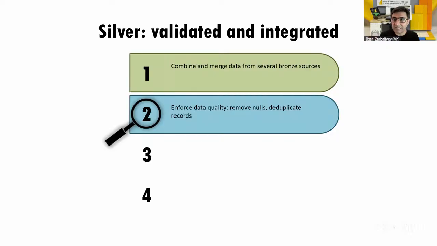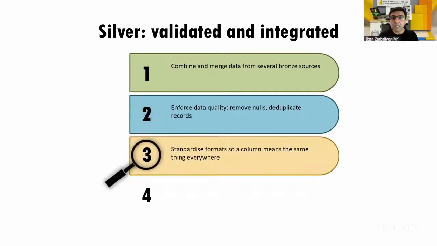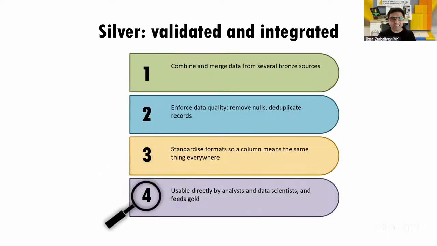Remove nulls, deduplicate records, drop rows that are missing a key you need. Third, you standardize formats: dates stored as real dates, regions in consistent casing, currencies in one convention. The goal is that a column means the same thing wherever you find it. The result is a consistent, integrated dataset.